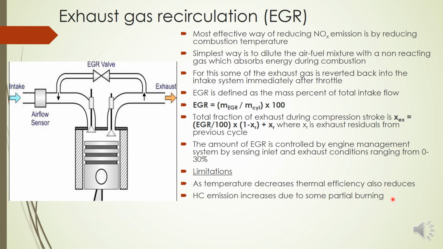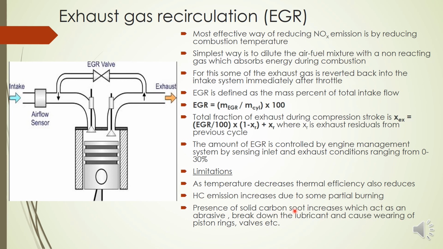It is due to partial burning; the mixing of this exhaust with the fresh air-fuel mixture will increase the hydrocarbon emission. And similarly, the solid carbon should also increase. So these are the three limitations of EGR: efficiency reduces, hydrocarbon emission increases, and solid carbon particles also increase.